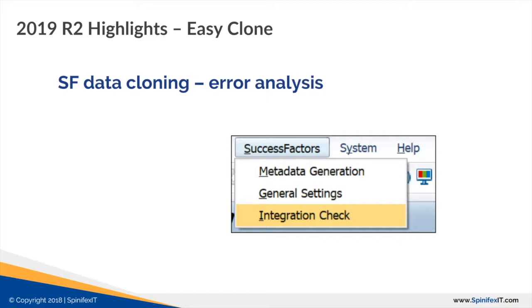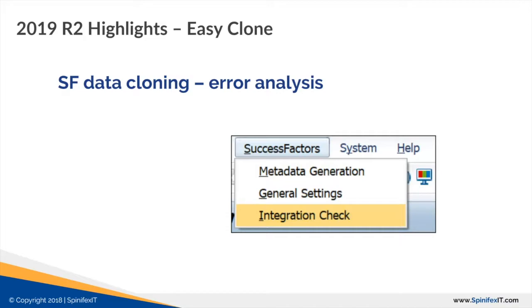So that functionality has now been extended to allow users to analyze any errors that occur during the cloning of SuccessFactors Employee Central data. In fact, this enhancement provides users insight into which component might require modification or adjustment because of those errors that would occur during a SuccessFactors cloning process.